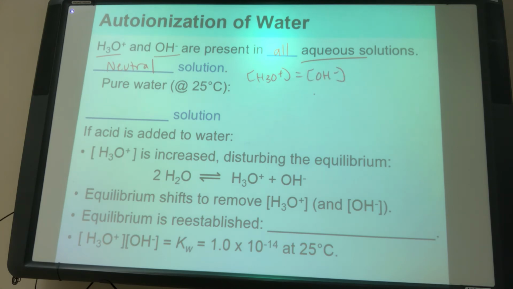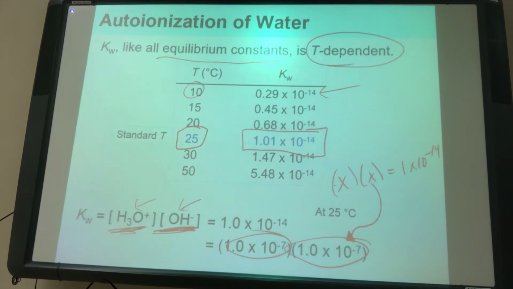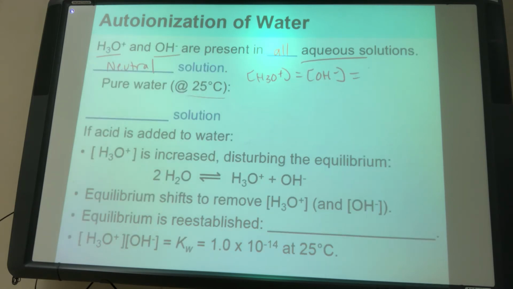I have to have the same number. Which means at 25 degrees Celsius, if this is my Kw, these two numbers have to be the same. So each one of them is going to be the 1 times 10 to the negative 7 concentration.